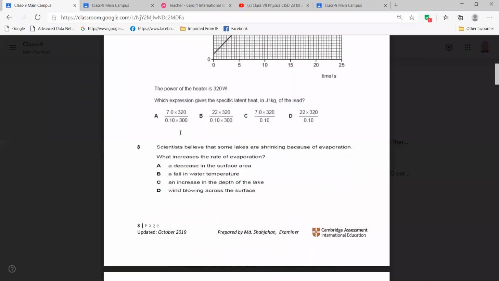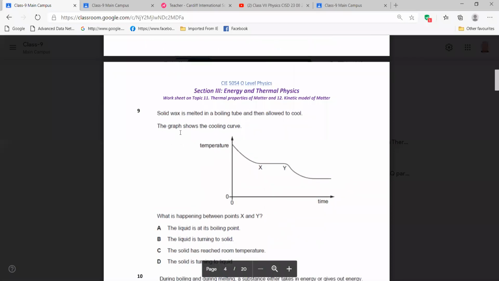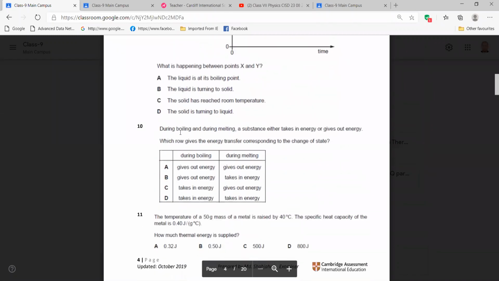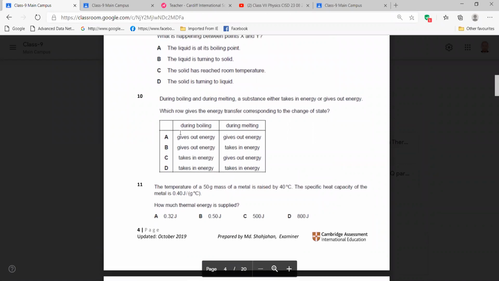But here the temperature is decreasing. That's why we are getting solidification or freezing. Is it clear, Faiza? Yes, sir.